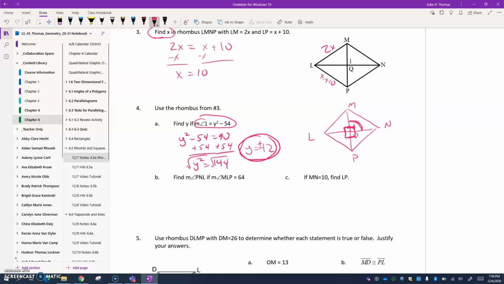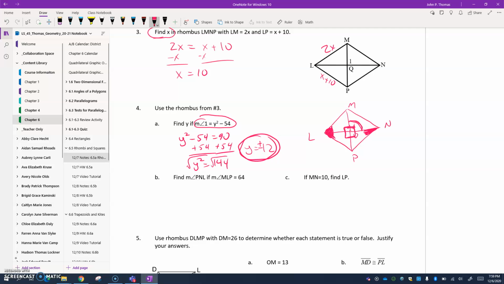If I go into B, B says PNL is what we're trying to find. So this angle over here in this corner that I'm marking red, we're trying to find that angle. If MLP, this whole angle over here, is 64, well, what we know is in a rhombus, a diagonal bisects opposite angles.